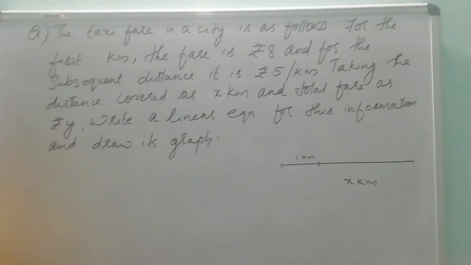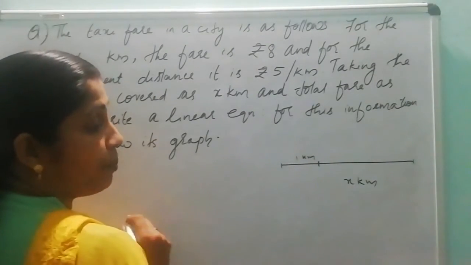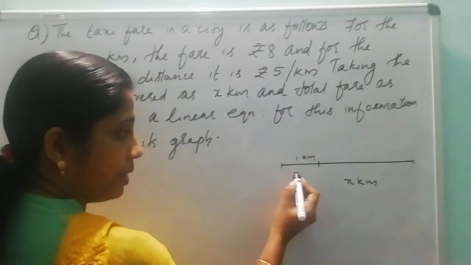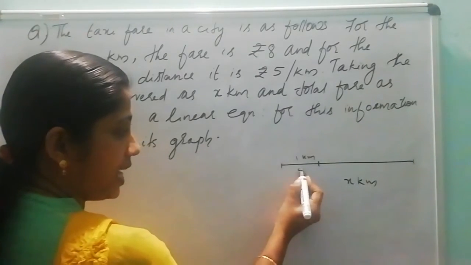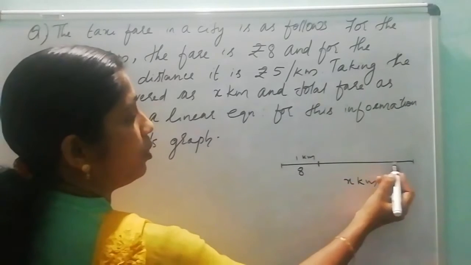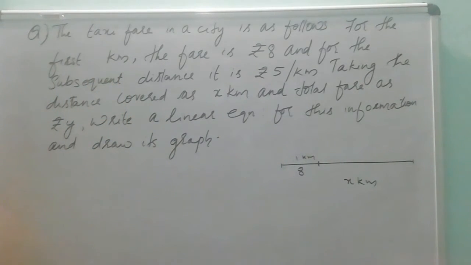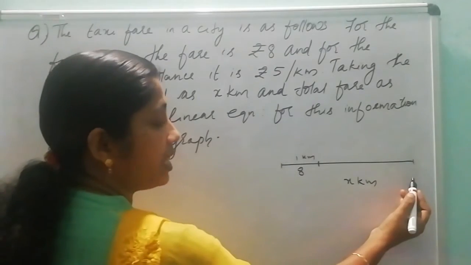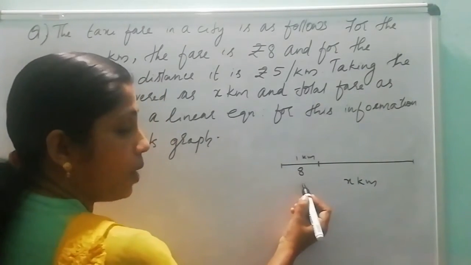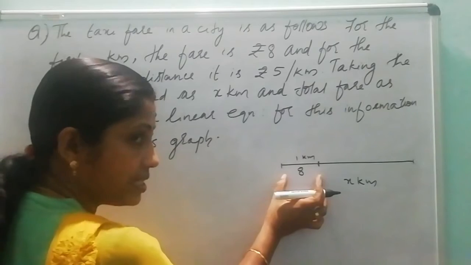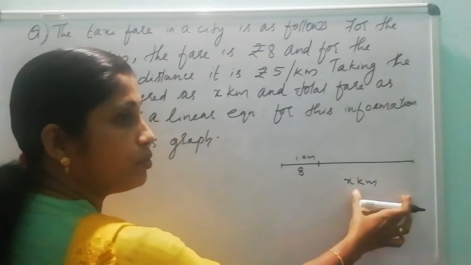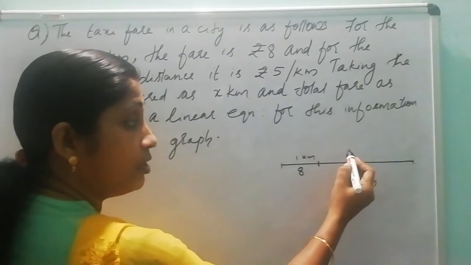For the first kilometer it is rupees 8, and for the subsequent kilometers it is rupees 5 per kilometer. The total is x kilometers, so for the first kilometer it is 8. What will the remaining portion be?